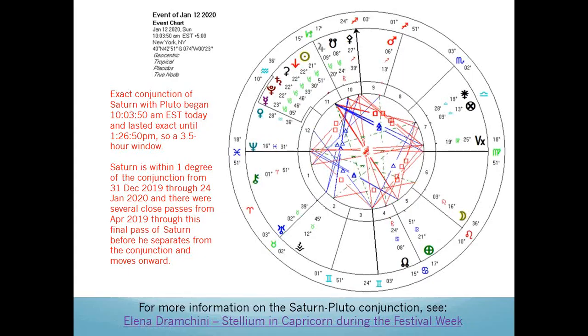A stellium is two or more planets in the same sign, opposite Capricorn. If you look at the degrees, the Sun yesterday was probably at 20 degrees, Vulcan at 22, Saturn at 22, and so on. So it's opposite that moon, which intensified all that energy in Capricorn.